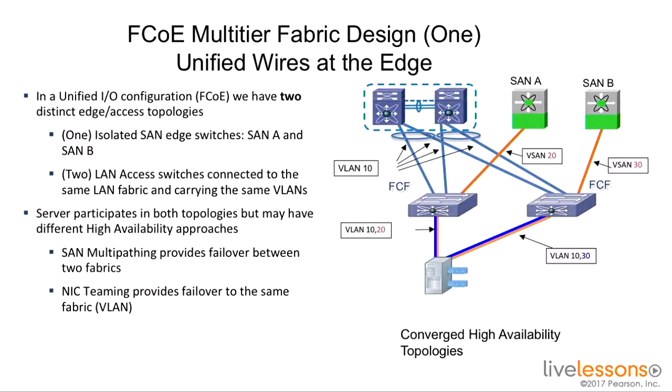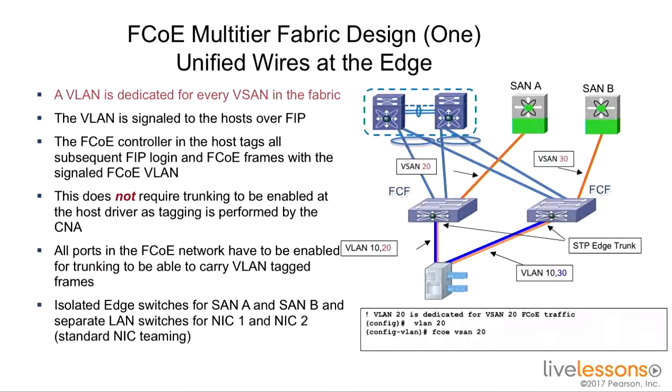We're able to do this in a way that we can actually separate out the Fibre Channel protocol from the Ethernet protocol. And we send it up to that top of rack switch, and at that point, that switch actually breaks out the protocols and sends the Ethernet, for instance, up and to the left, and the Fibre Channel up and to the right. In this case, we're actually dedicating a VLAN to send our FCoE traffic over.